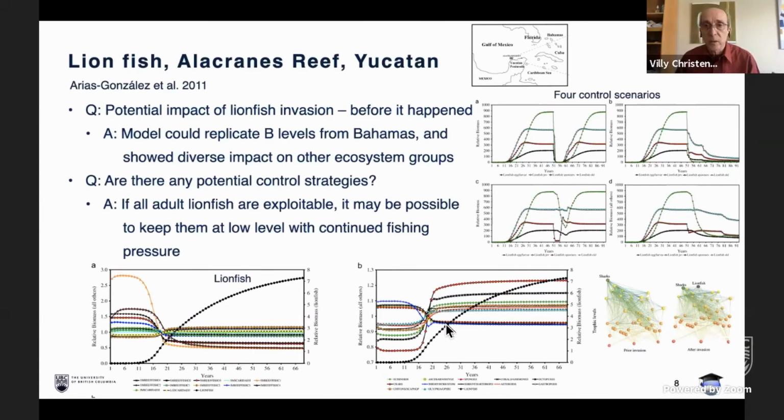There's different food web effects that happen through this, and it was also quite clear from this that a long-term control was necessary, among others because the adults go very deep and may be out of range for diver control. So it's complicated to do this.